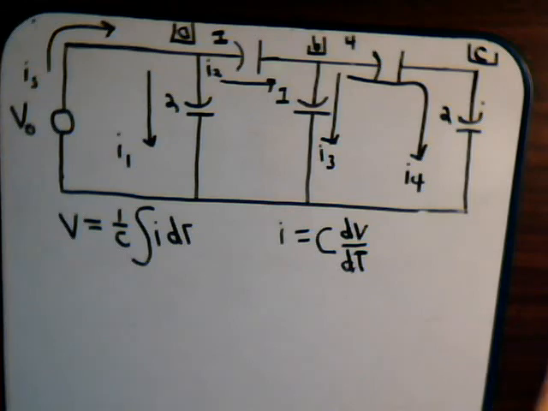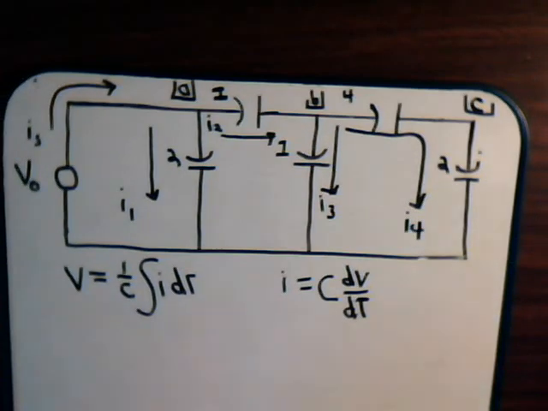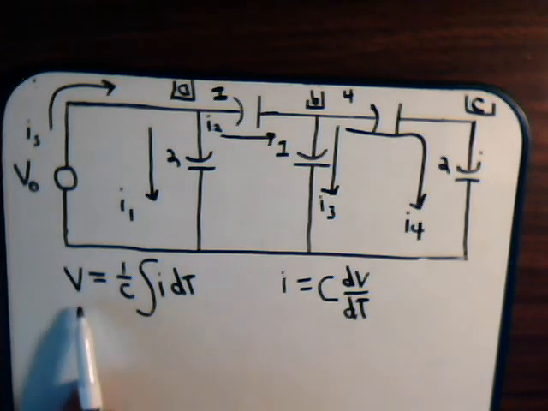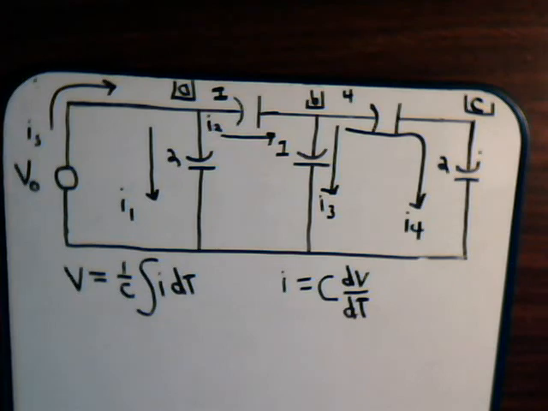And again, if we have an equation that tells us how the current is changing with respect to time, then we can integrate this and we get a specific value for the voltage.